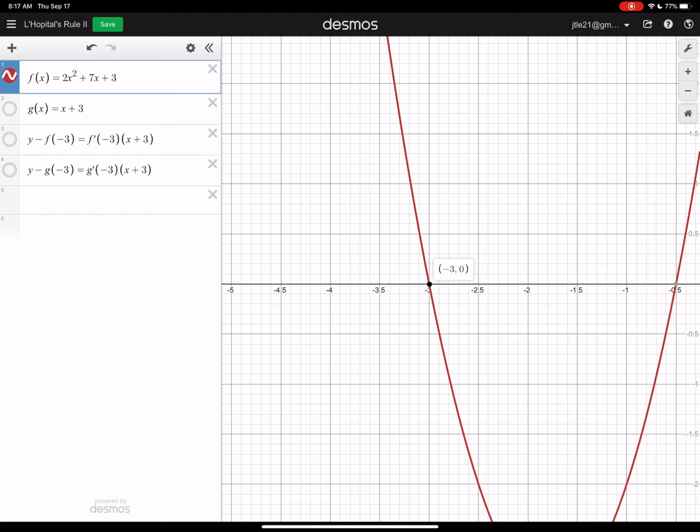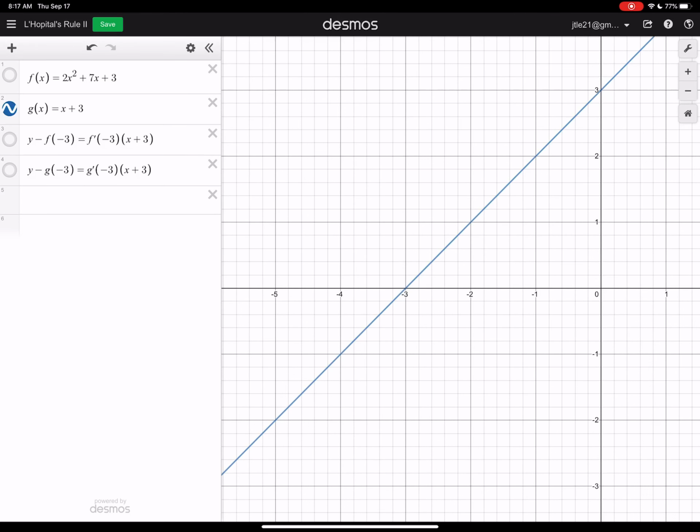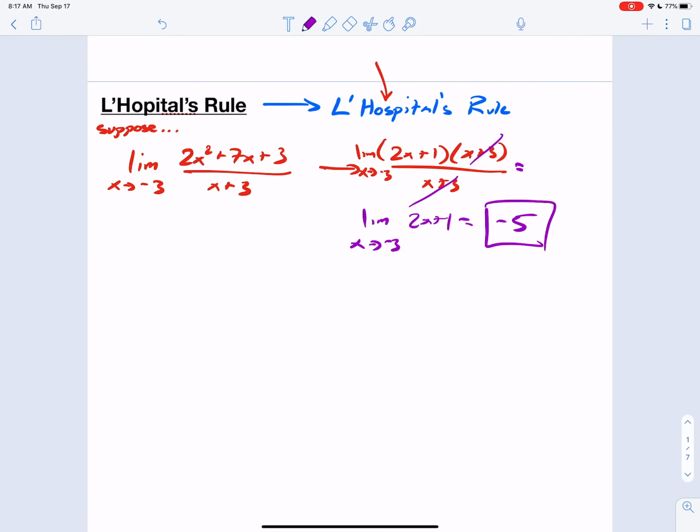We get arbitrarily close from the left and the right side of negative 3, and it approaches 0. Okay? And then similarly, we have the x plus 3 here, and as x approaches negative 3 from the left and the right, we notice that it also approaches 0. So they both have a limit of 0 separately. But the issue there is you end up getting 0 over 0. Okay, that doesn't really tell us anything there.